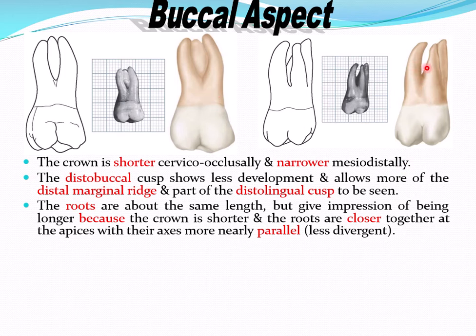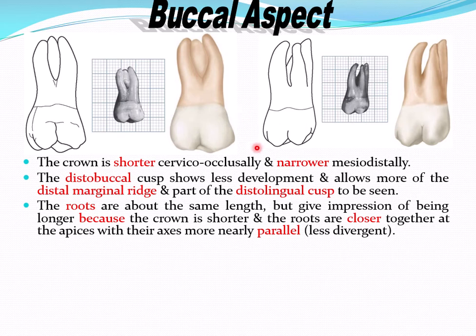The ratio between the root and the crown here is more than the ratio between root and the crown there. لذلك يبين وكأنما صار لك انطباع أن الروتس أطول، هي مو أطول، وإنما الكراون أقصر، لأن نسبة طول الروت إلى الكراون هنا أكبر من نسبة طول الروت للكراون هنا.